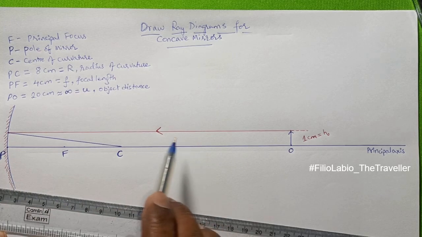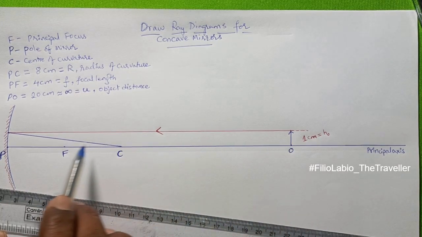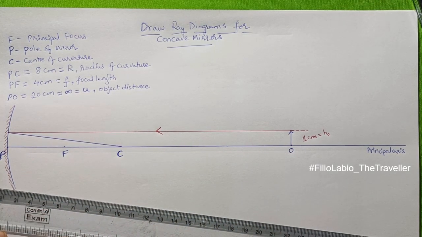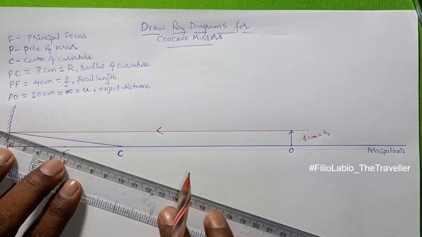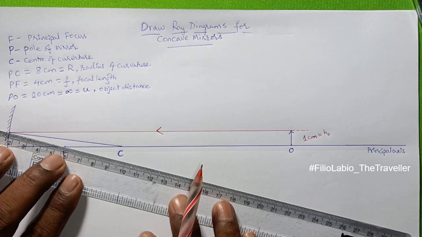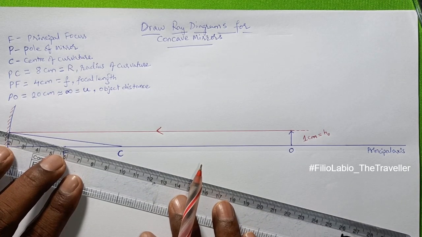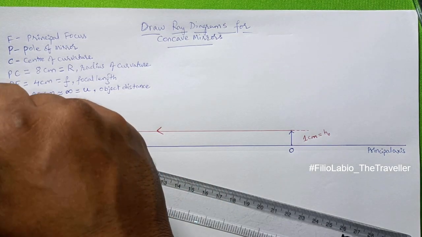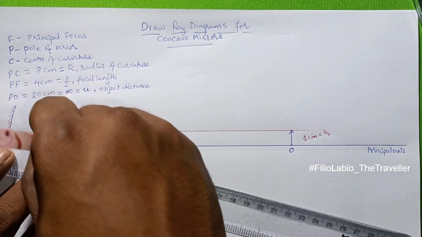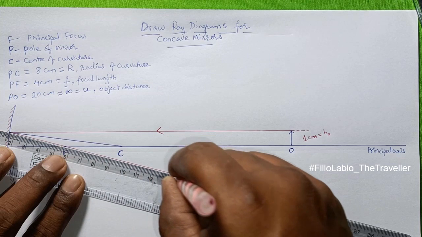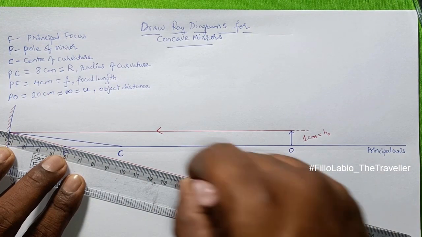So, all rays which are parallel to the principal axis, after reflection, they pass through the principal focus. Therefore, you need to draw a line which is passing through the principal focus.